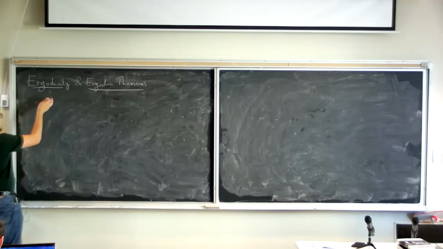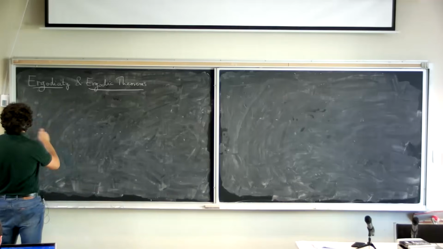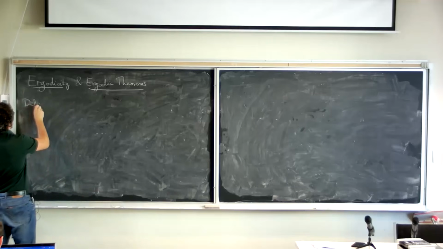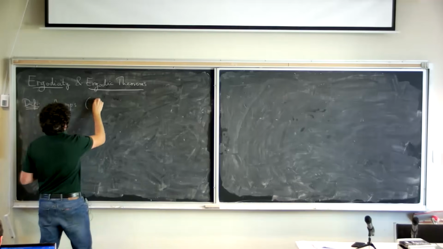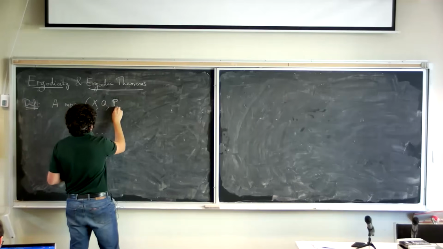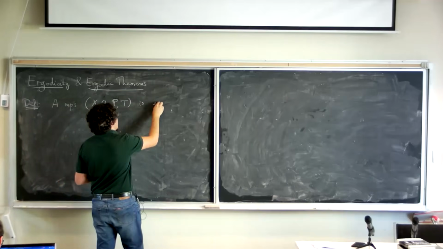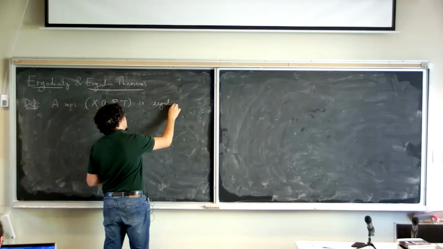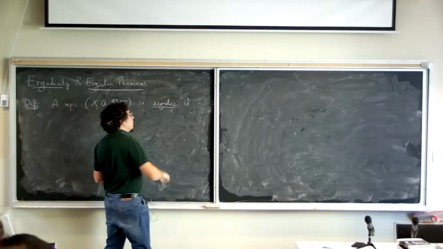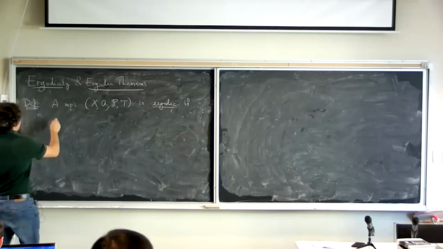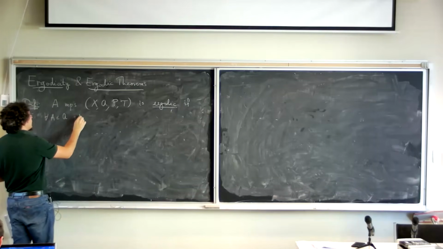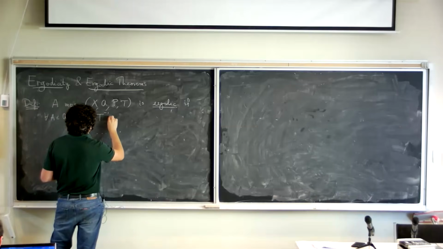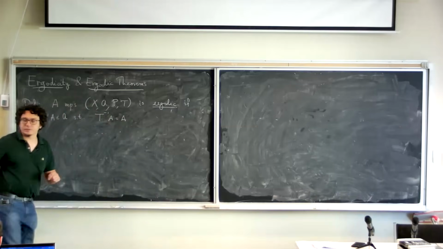Ergodicity is a form of irreducibility for a measurable dynamical system, and the definition is simple. A measure preserving system is ergodic if basically for every set A such that it's invariant, so T inverse of A equals A.